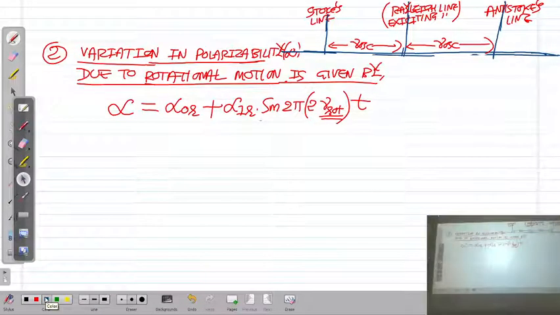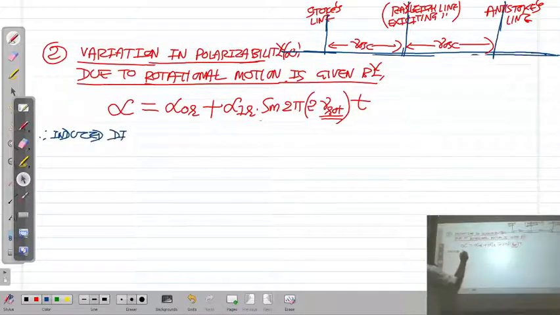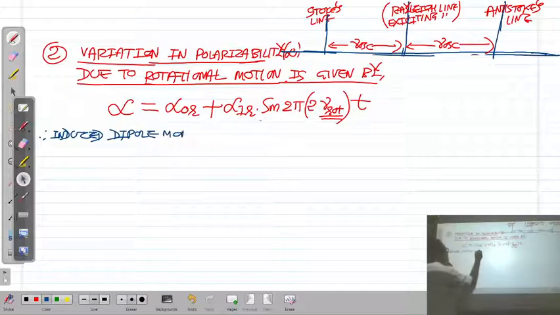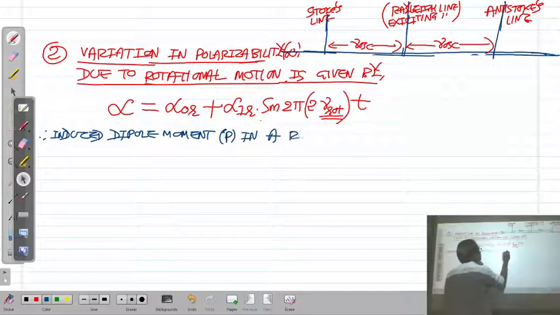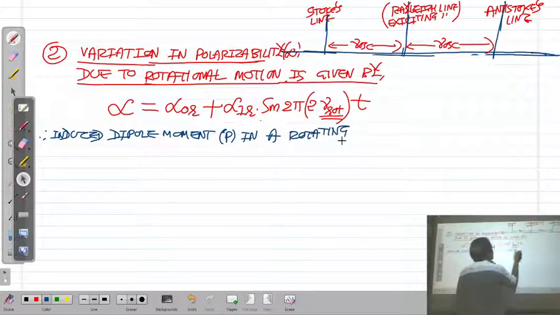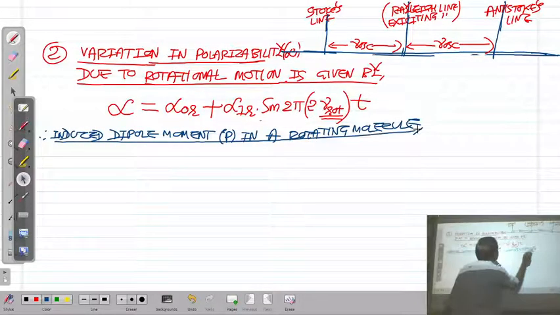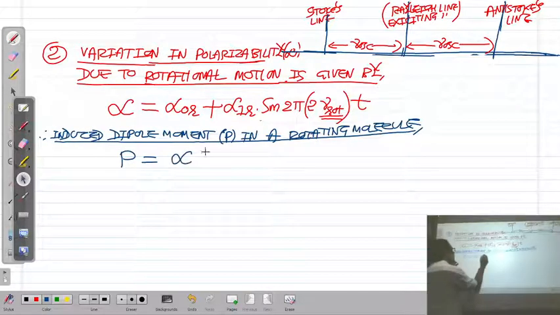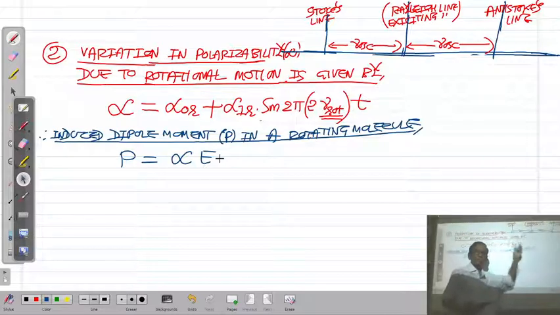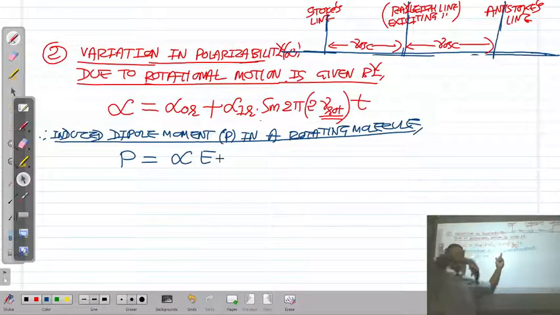Okay. Now we substitute this value to find the induced dipole. So now we calculate the induced dipole moment in a rotating molecule. P is equal to alpha E, because you know very well that the induced dipole moment P is directly proportional to the oscillating electric field of the incident light beam.